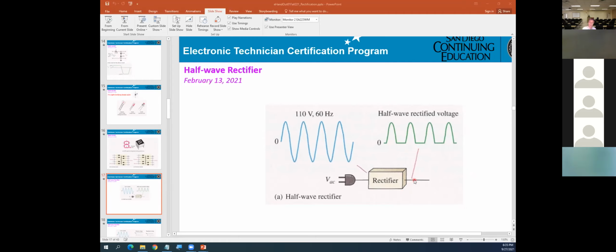So going back to the basic definition for rectification, what is it? Rectification is converting an AC signal to a DC signal. However, if you're looking at DC, it supports only one line.